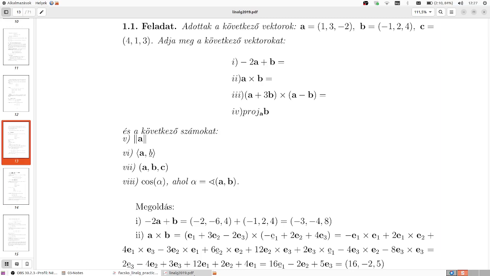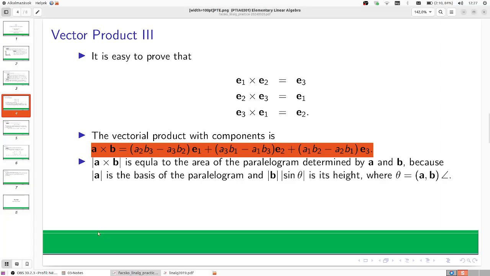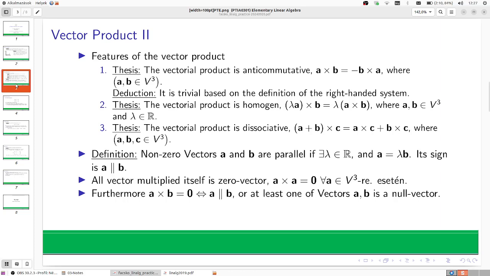We have the task, and now we remember, because we will use these terms. The vectorial product is distributive. It means that I can multiply this term with this term, and then this term and this term. It's very similar to numbers. But these are not numbers. That will be minus.